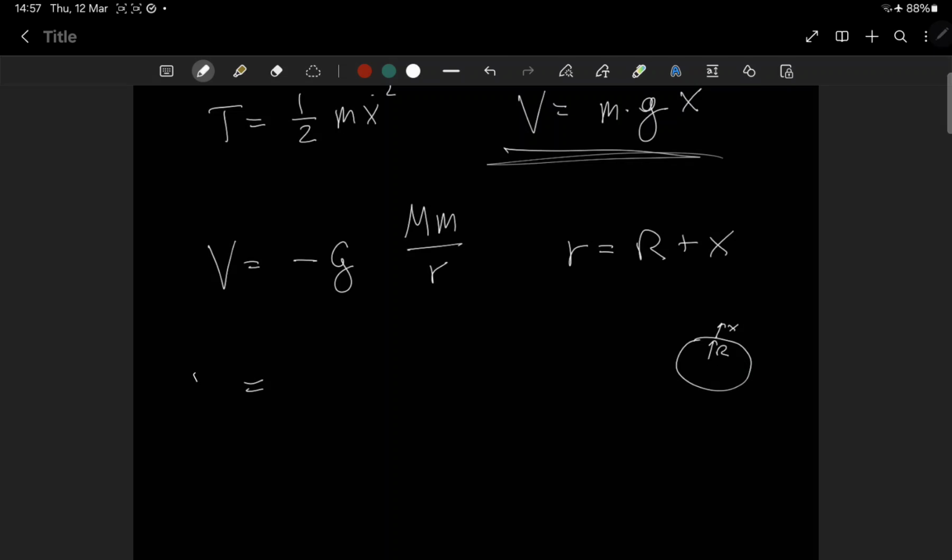If we plug this into our expression for the potential, we get minus G capital M small m over R plus x.